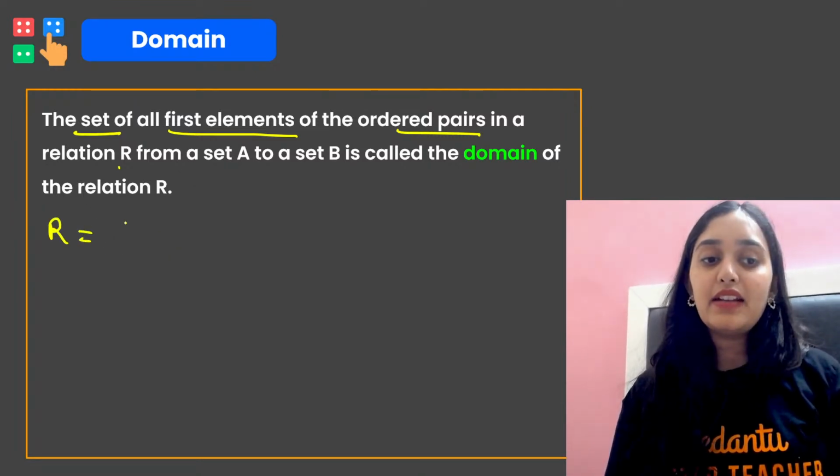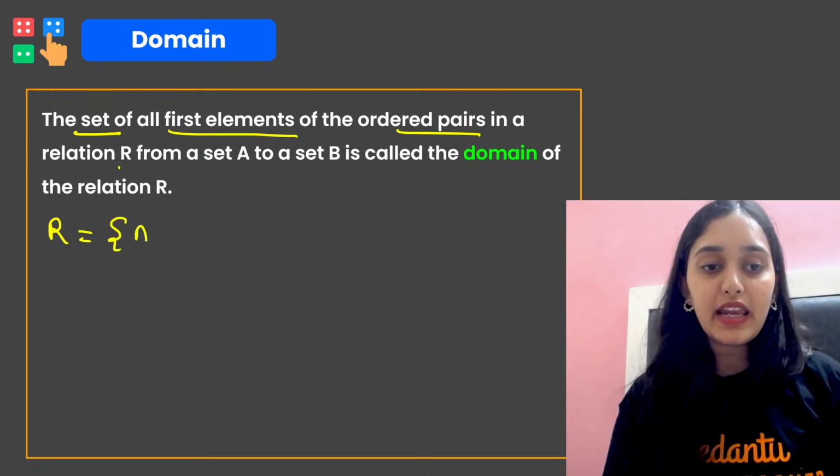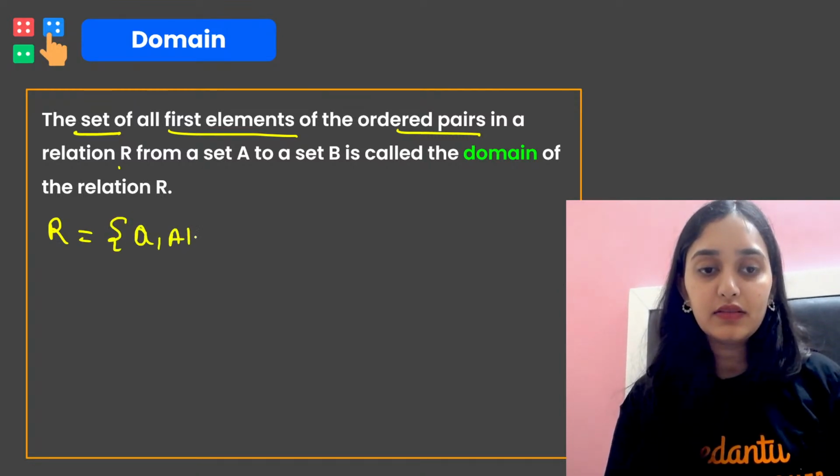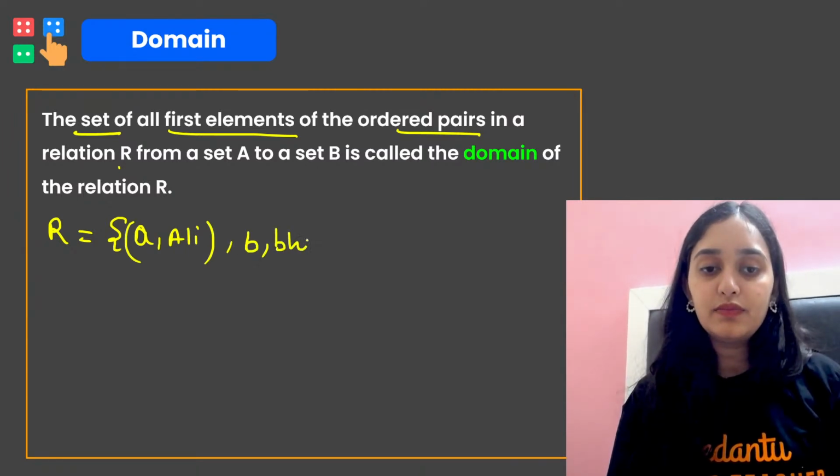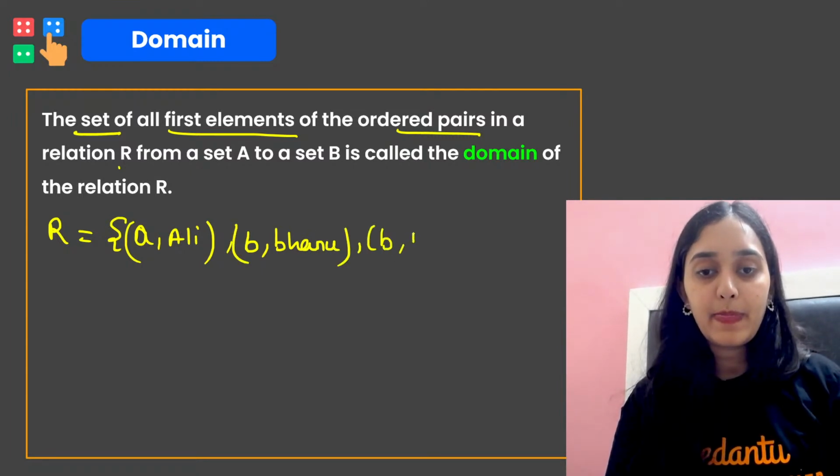and in that relation, I have ordered pairs A for Ali, B for Bhanu, B for Binoy, and C for Chandra.